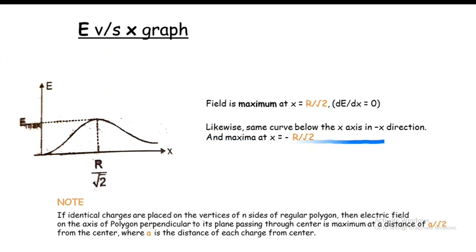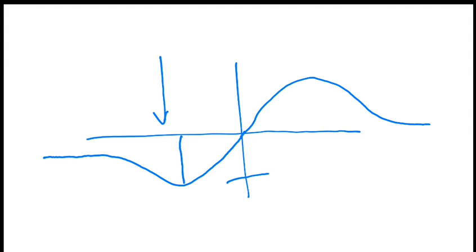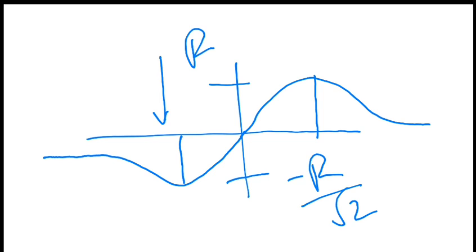Likewise, same curve below the x-axis in minus x direction and maxima at x is equal to minus r by root 2. We can see also here, suppose this is our curve. The same curve will be in the negative x direction, and here also maxima will be minus r by root 2, and here maxima is r by root 2.